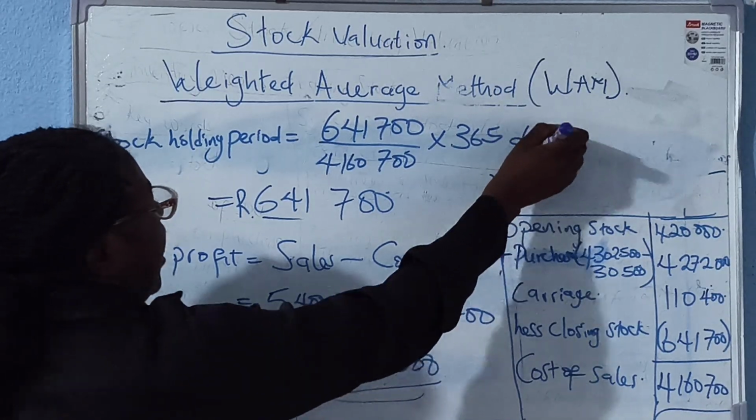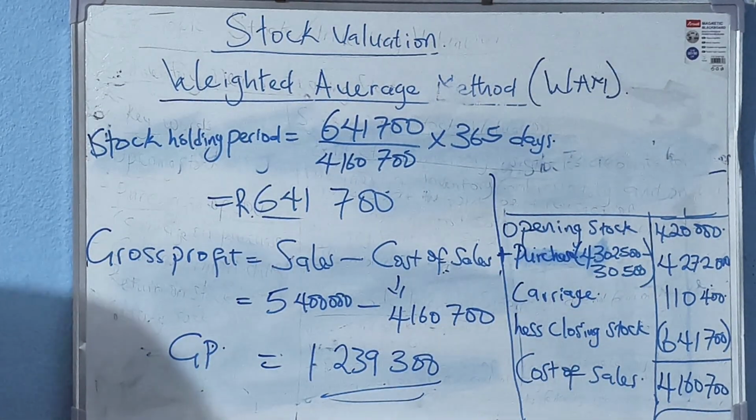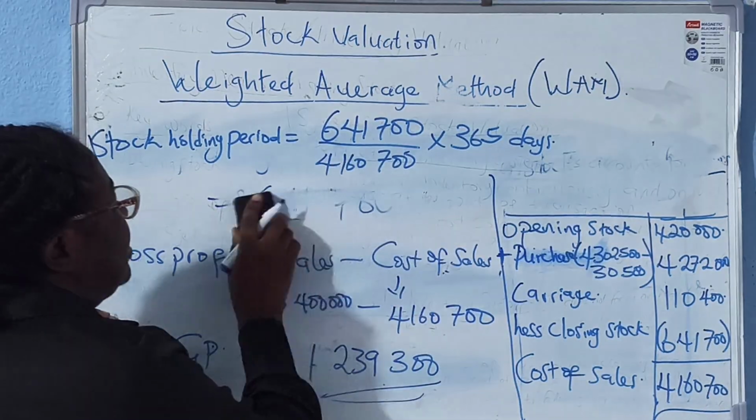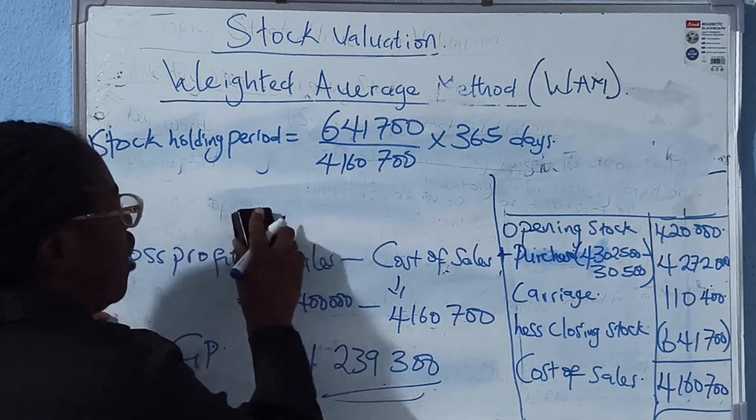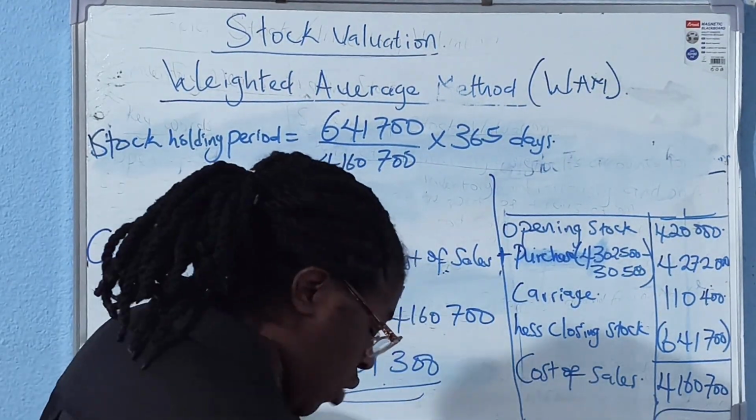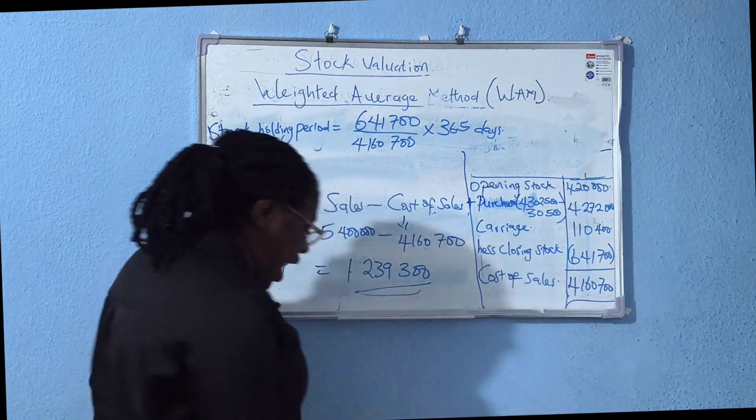If you are looking for days, you use 365, but if you are looking for the month, then you use 12 months.